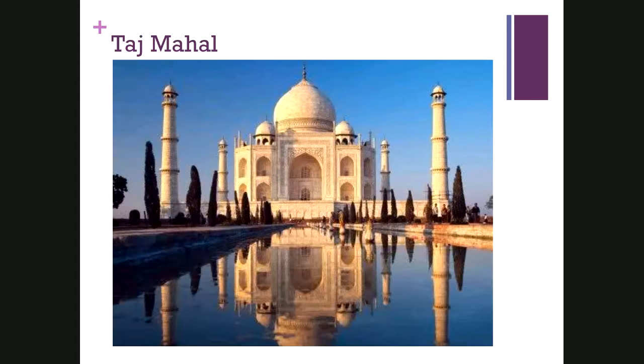Another building that you should know is the Taj Mahal from India. This was built for one of the kings of Rajasthan for his wife who died, and this is all white marble, and there was supposed to be a black marble one at the opposite end of the pool so they would reflect and stare at each other through eternity.